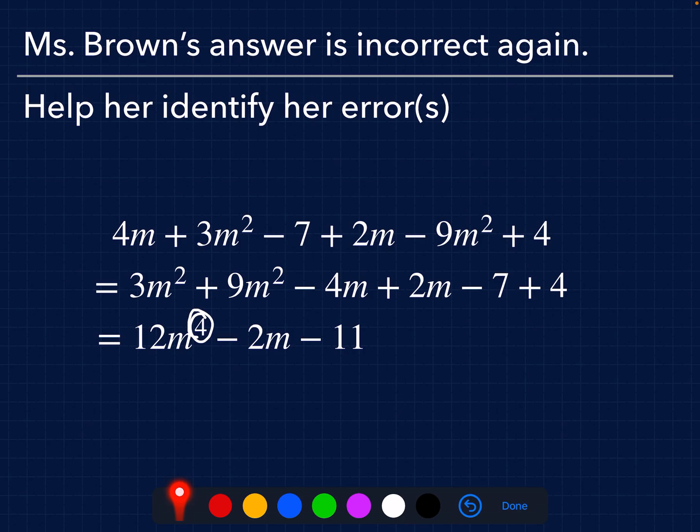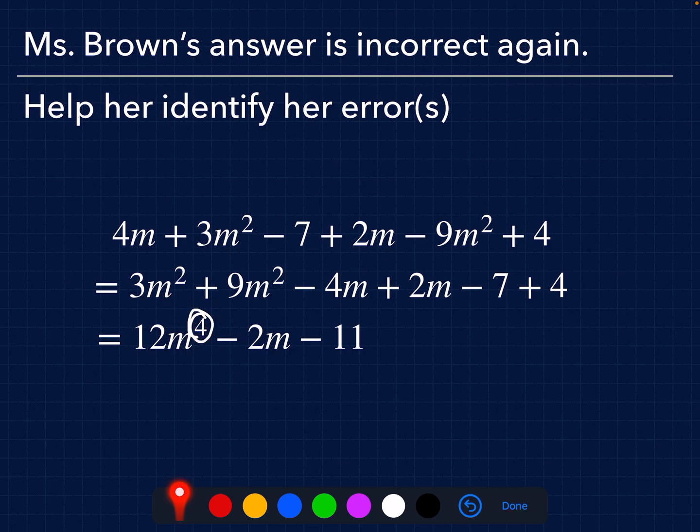And they said that was because if we imagine m was equal to 2, then m squared would be worth 4, and m to the power of 4 would be worth 16. And so here I have 3 groups of 4, 9 groups of 4, means I have 12 groups of 4. So this must be 12 groups of 4, which is m squared. So I can't be just changing exponents willy-nilly. If I am collecting like terms and adding and subtracting, I need to keep the exponent the exact same.